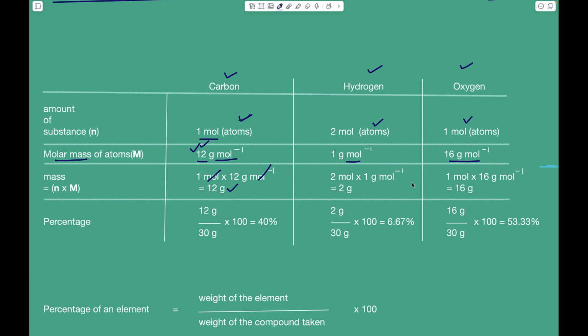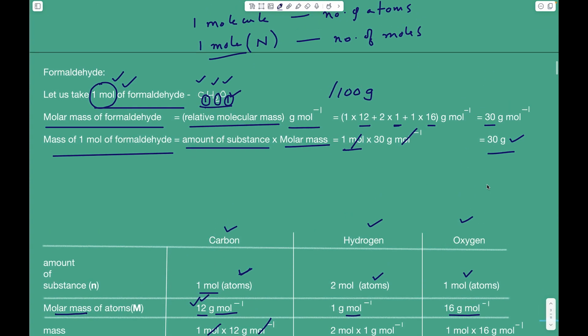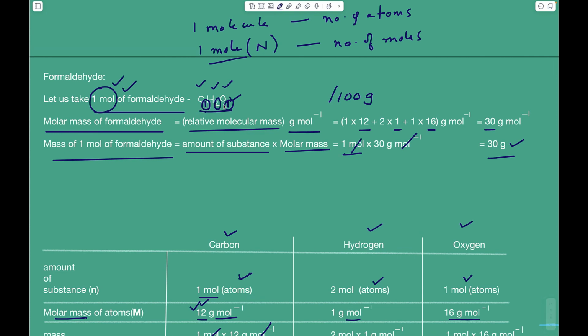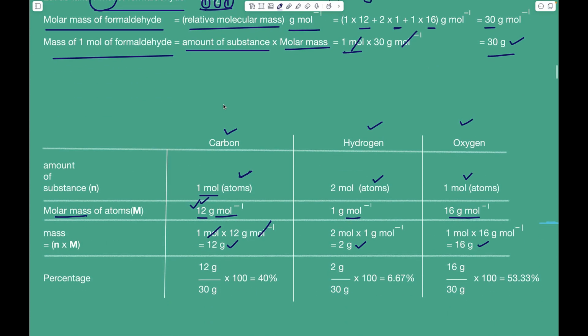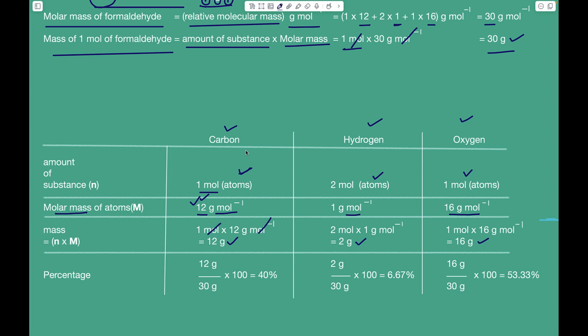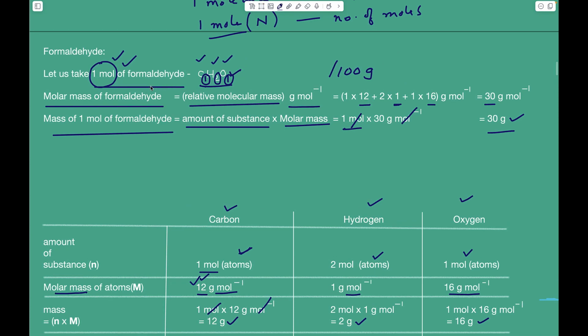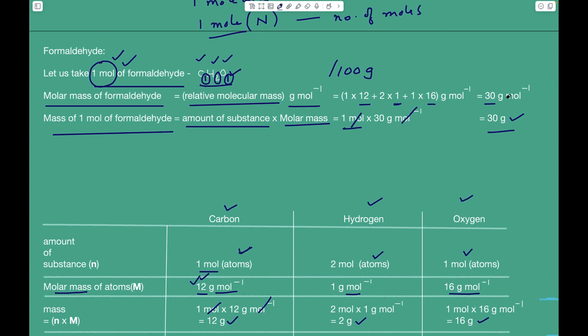Similarly, the mass of hydrogen is 2 grams and the mass of oxygen is 16 grams. So from the molecular formula, we easily figured out the masses of carbon, hydrogen and oxygen present in 1 mole of that compound. So there is 12 grams of carbon in 30 grams of formaldehyde.